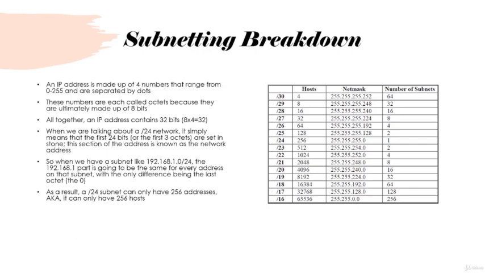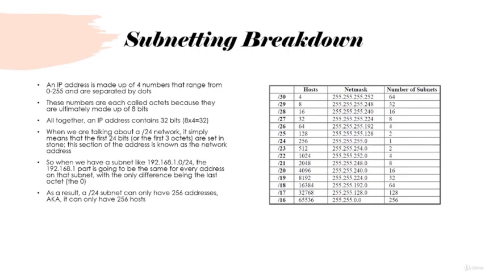So as a result, a /24 subnet can only have 256 addresses, aka it can only have 256 hosts on it. You can look at the little chart over there on the right, and it's going to tell you the mask, which is what represents the /24, /25, /26. That's the network mask that represents that.